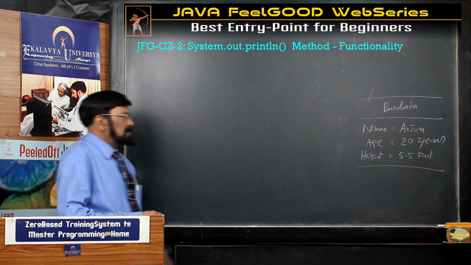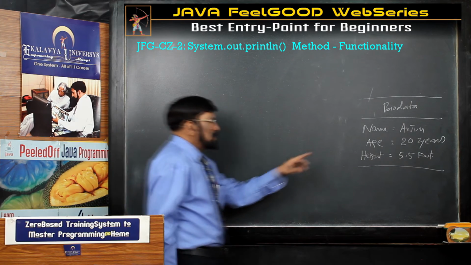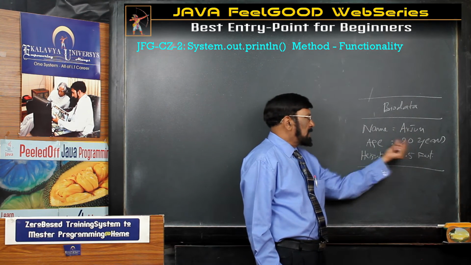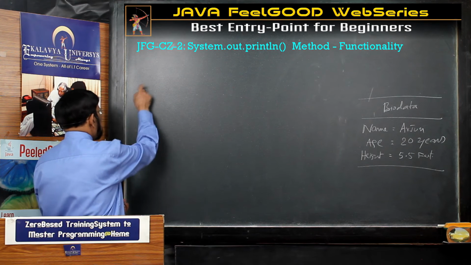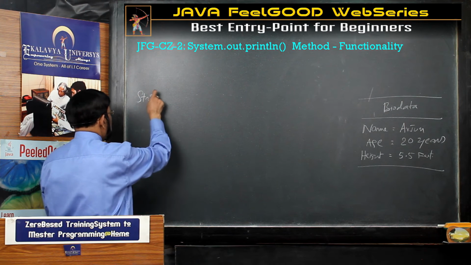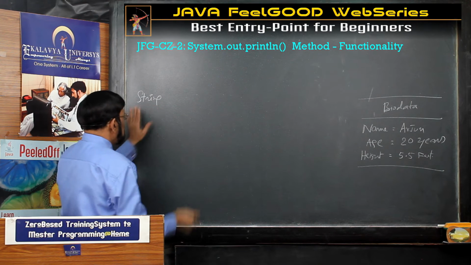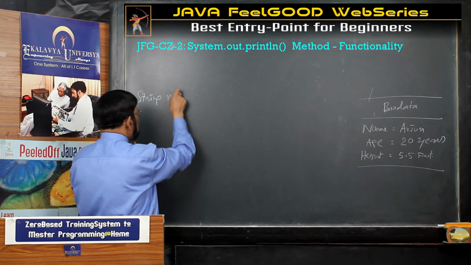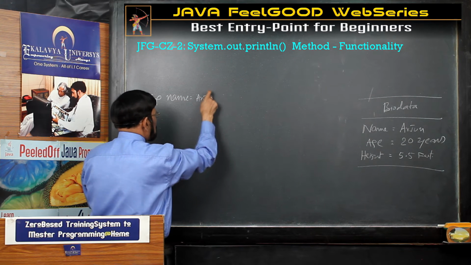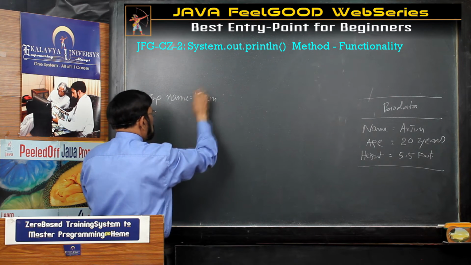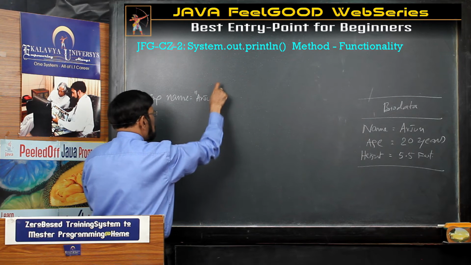By that you can have a better understanding. Here, how many variables are there? 1, 2, 3 variables are there. First we declare them. Already in the previous concept I explained that name is a string, so name is Arjun. Don't forget this, it leads to an error.